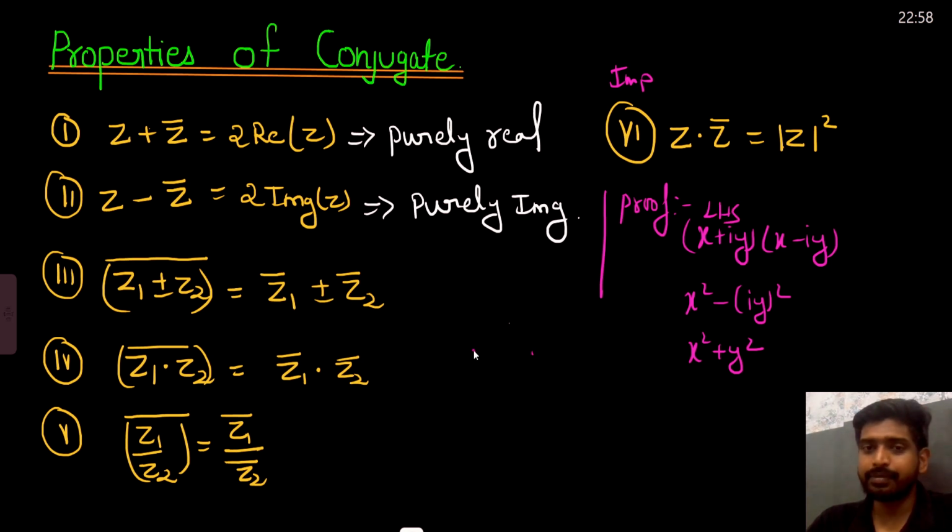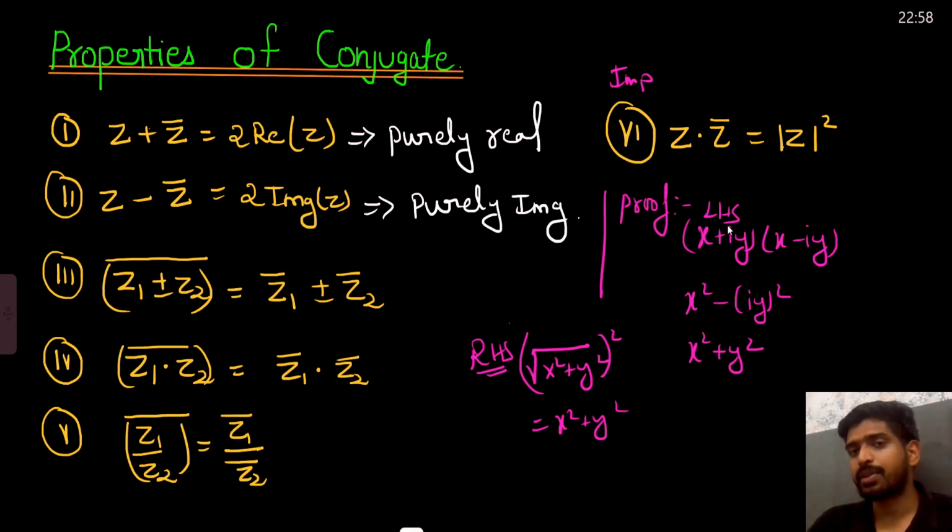If we see the right hand side, they have given modulus of z whole square. What is modulus of z? Modulus of z is under root of x square plus y square, whole square. So we'll get x square plus y square in the right hand side and x square plus y square in the left hand side. So hence proved. This property is important. Z into conjugate of z will give modulus of z whole square. Got it?